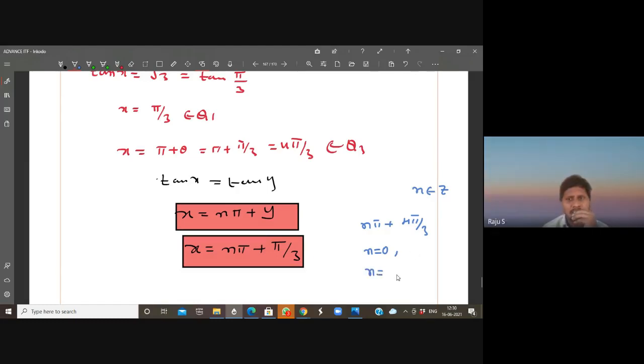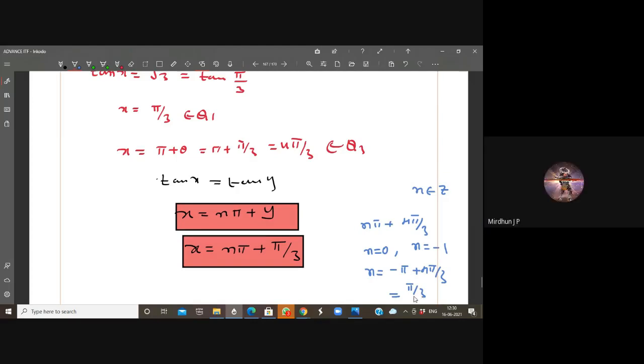We need pi by 3. When we take 4 pi by 3, substitute different values of n. Substitute n is equal to minus 1: minus pi plus 4 pi by 3, is it not equal to pi by 3?